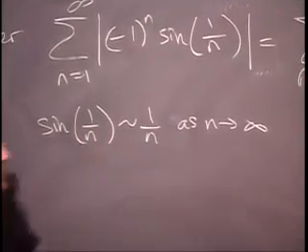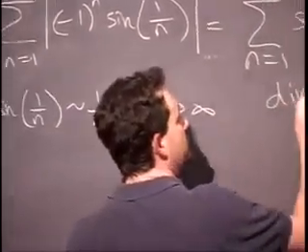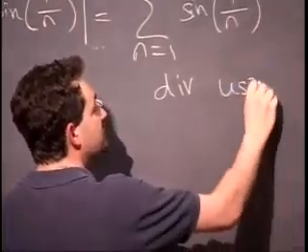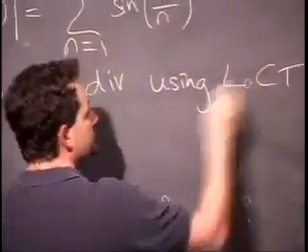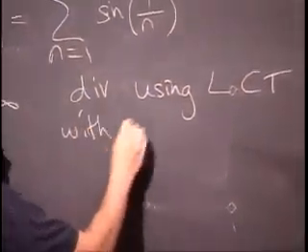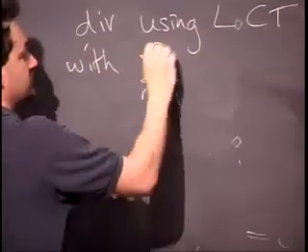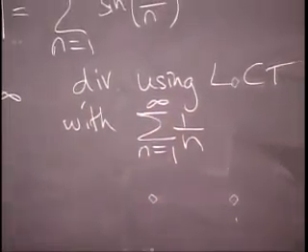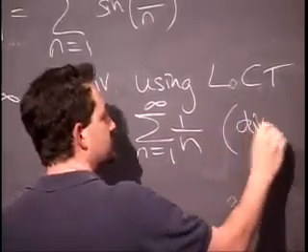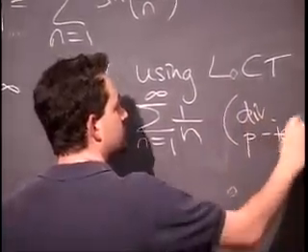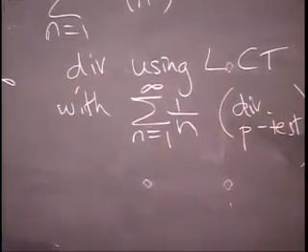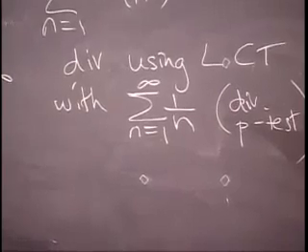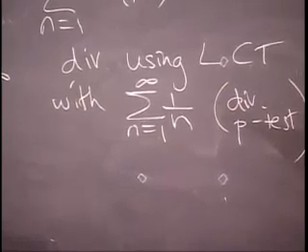So this diverges using limit comparison test with just 1 over n, which itself diverges by the p-test. So the series does not converge absolutely.